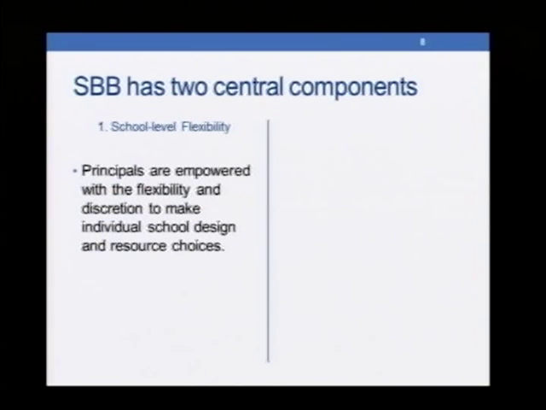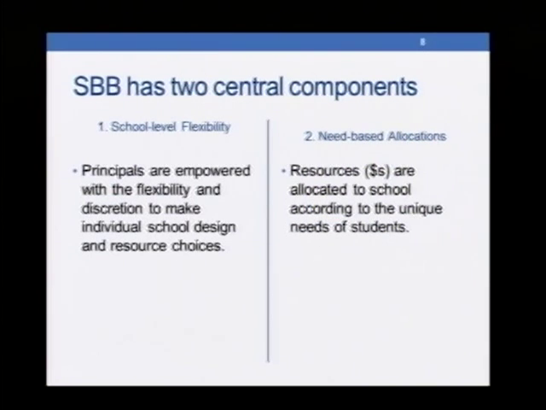The first, the school level flexibility, where we have already been experiencing that for a number of our schools, which you'll see in just a moment, where principals are and have been empowered to make individual school design and resource choices. And then the second part of that would be need-based allocations, which is that transition over to student-based budgeting, where resources are allocated to schools according to the unique needs of students.